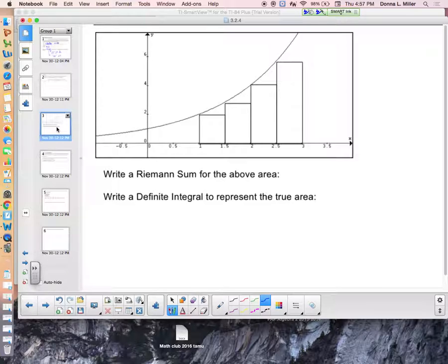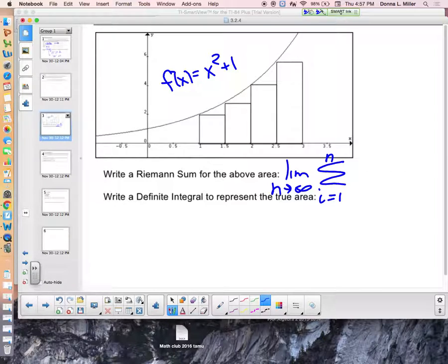So for this particular curve, in fact, I'm going to make something up. To write the Riemann sum, it's simply the limit as the number of rectangles goes to infinity. The sum, I use k today. I use 1 to n or 0 to n minus 1.